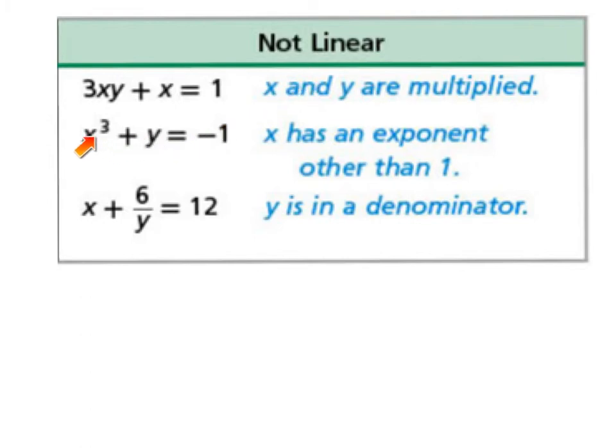You have an x cubed. Anything with an exponent other than 1 is not going to be linear. And if you have a variable in the denominator, that's going to make the equation not linear, like 6 over y. None of these are linear equations.